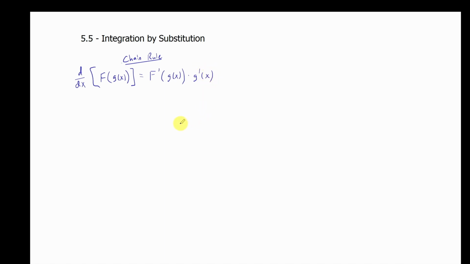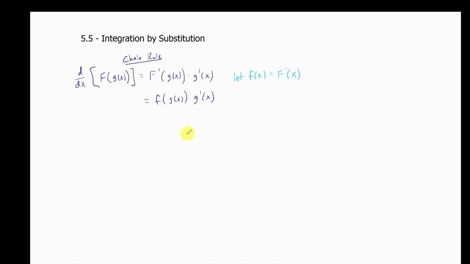The notation that we used earlier in this chapter was capital F was an antiderivative of little f. So we're going to say let little f of x equal capital F prime, so we're consistent with that notation. So I can write this as f of g of x times g prime of x.